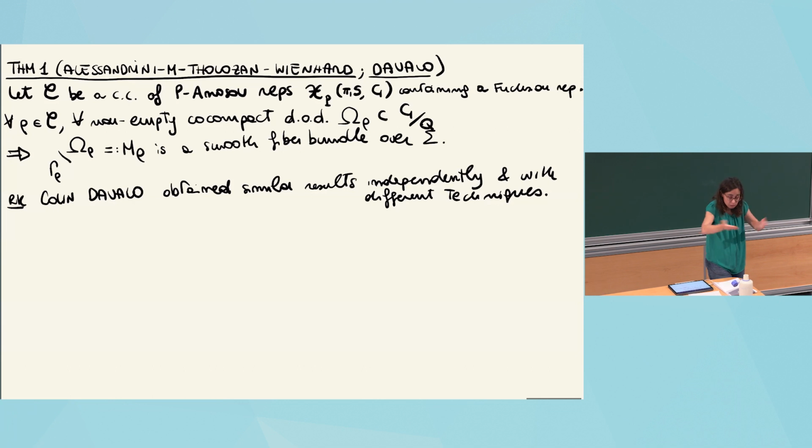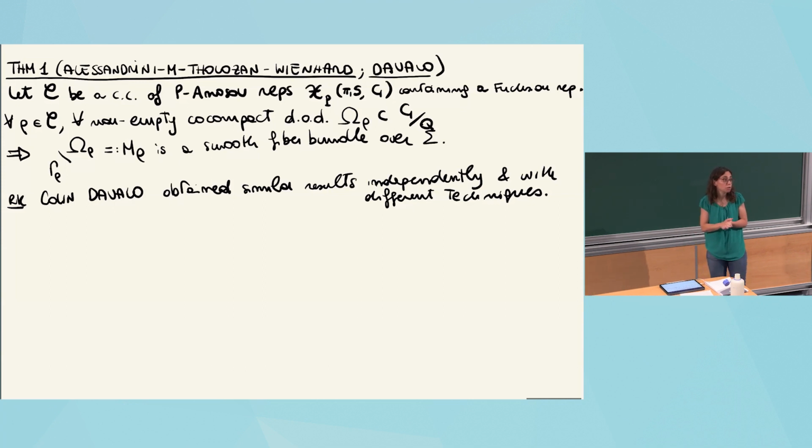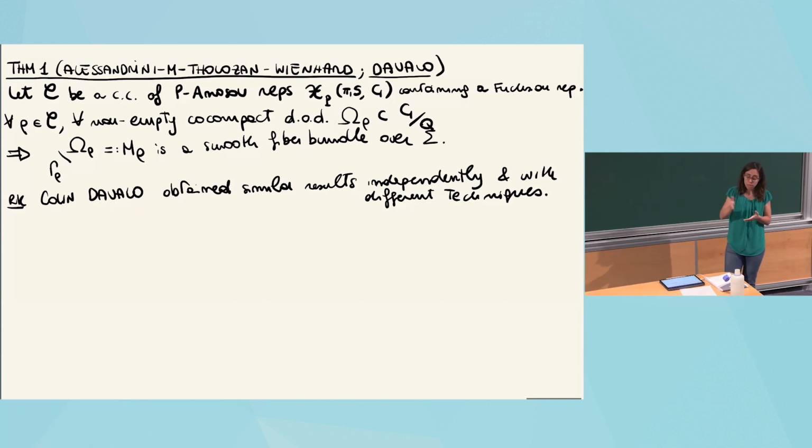Then take a domain of discontinuity that is non-empty; for every representation there, the quotient of this non-empty domain of discontinuity is a smooth fiber bundle over the surface.